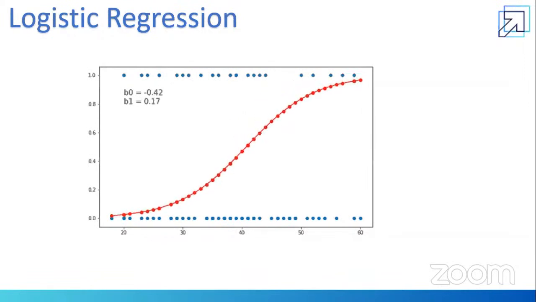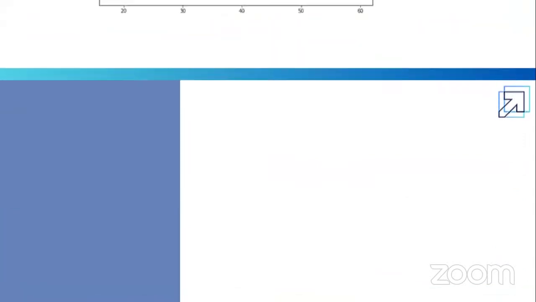So basically what we did here, onto the linear regression line, we have just applied the sigmoid function to convert it into a logistic regression equation. So this is all about the theory of logistic regression.